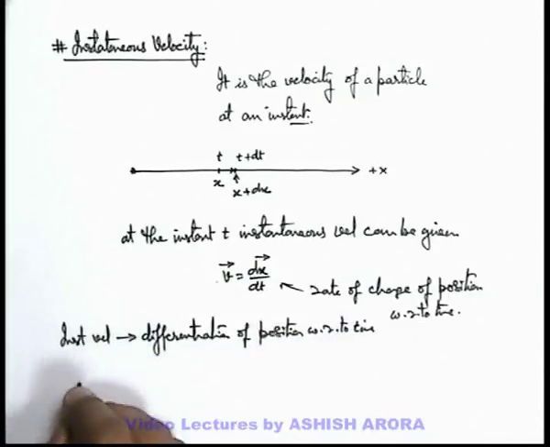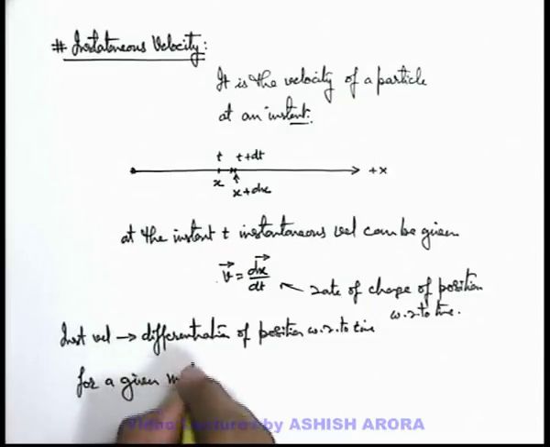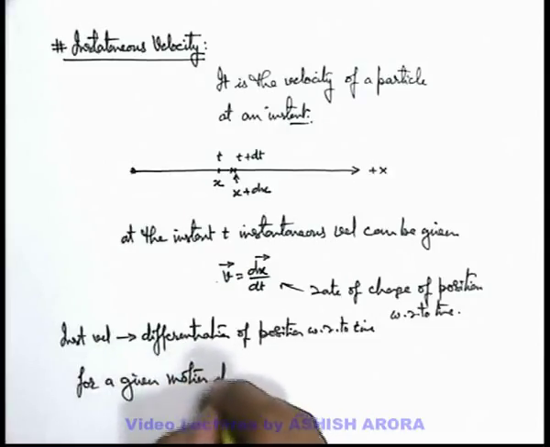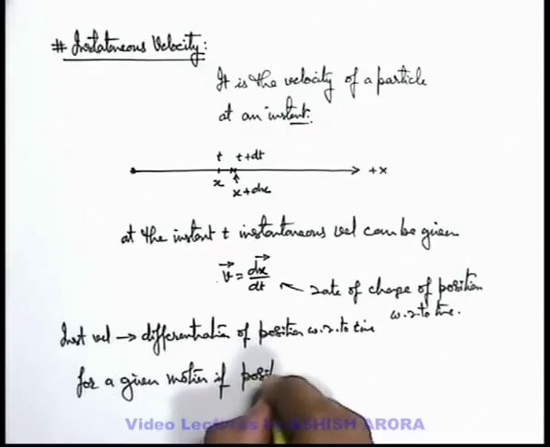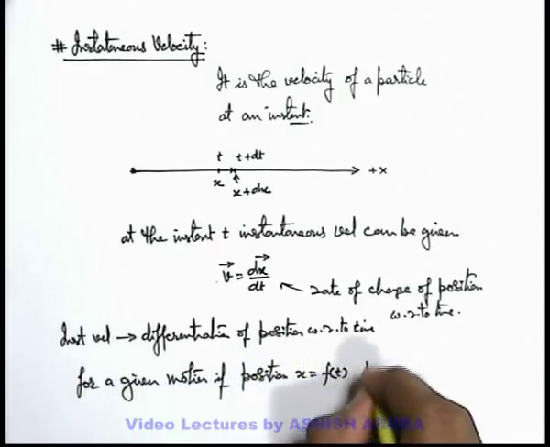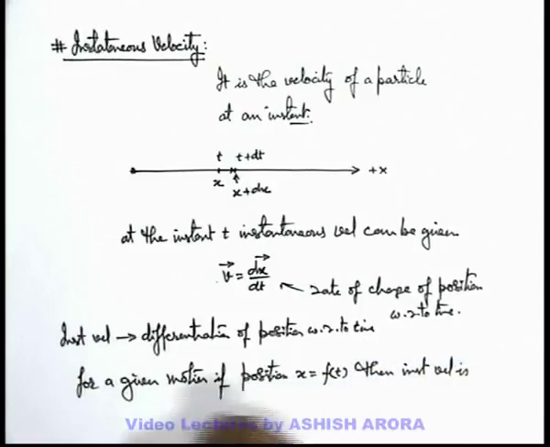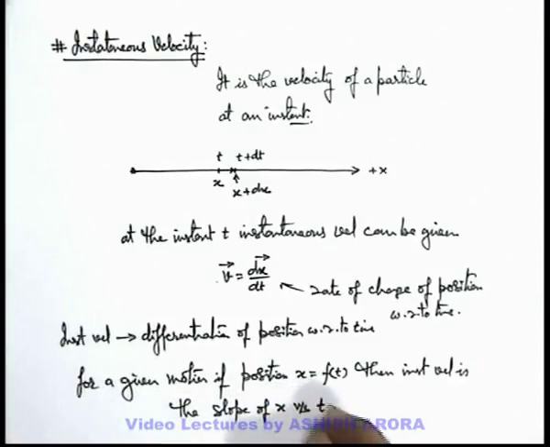Or for a given motion, if position x is given as a function of time, then instantaneous velocity is the slope of the x versus time curve.